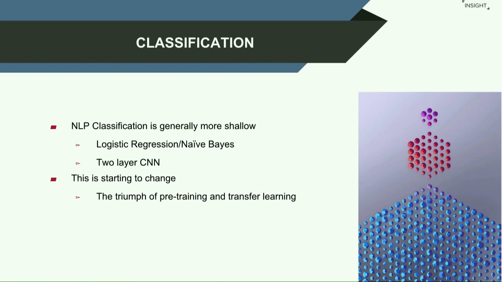However, this is starting to change. Really, we've seen this changing in industry. Insight has worked with over 400 companies just here in the Bay Area alone. And over the past 3 years, we've seen pretty momentous changes, being able to empower NLP models with things such as transfer learning to allow data scientists to create NLP models for a new domain with limited training data.